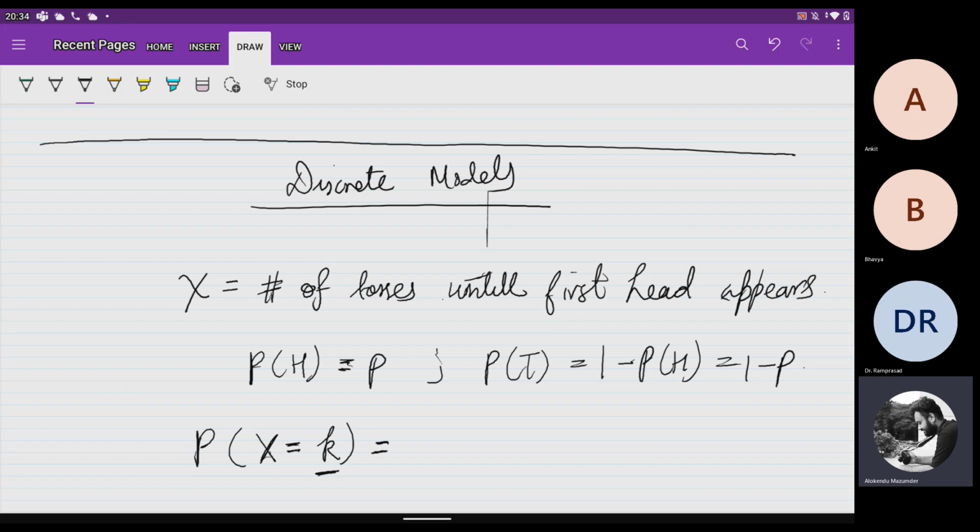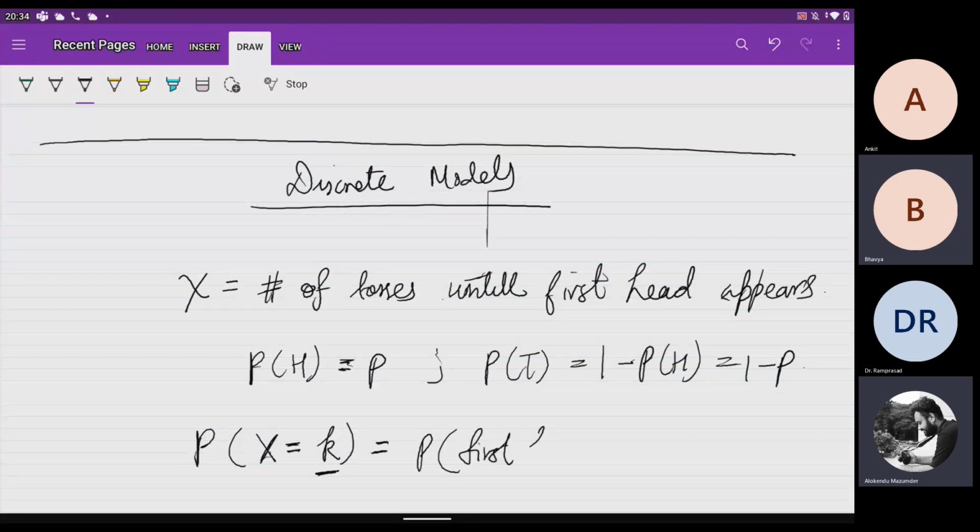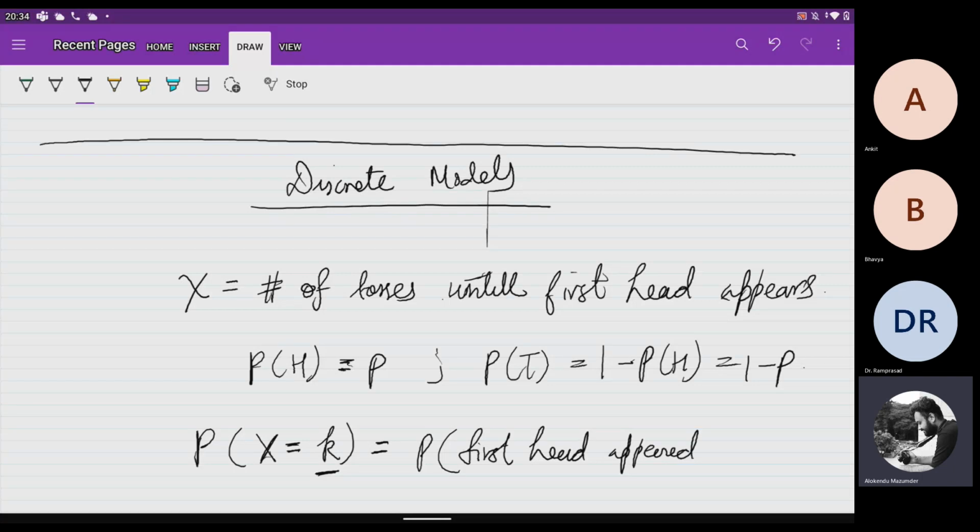See, x is a random variable that denotes the number of tosses until the first head. So I am asking you to find the probability of x equal to k, or the probability of the first head appeared. 1 minus p to the power k minus 1 into p. Yeah, first head appeared on kth toss.